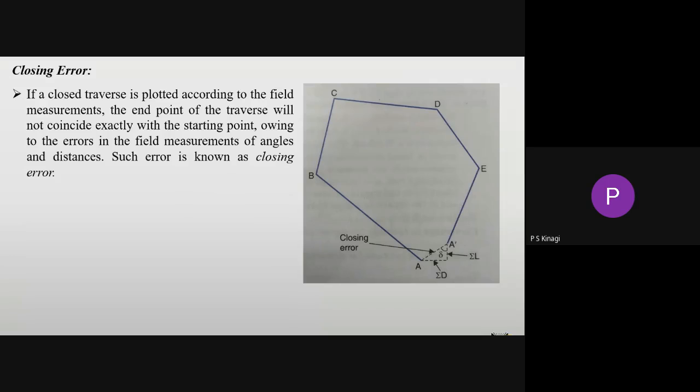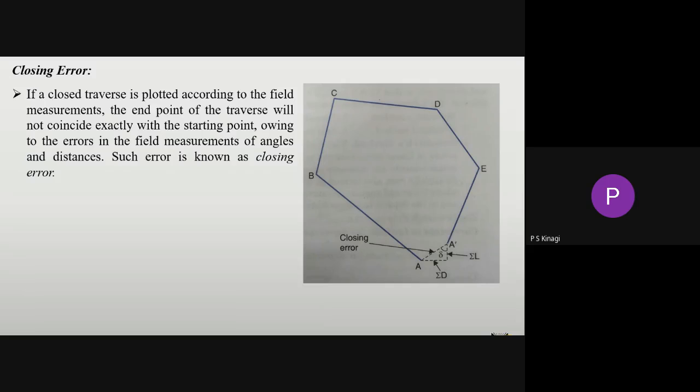First, we have to understand what the closing error is. If you draw a closed traverse by using field measurements, the end point of the survey traverse work will not coincide exactly with the starting point.